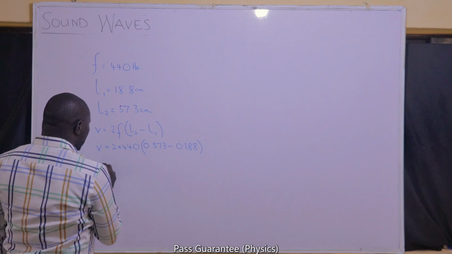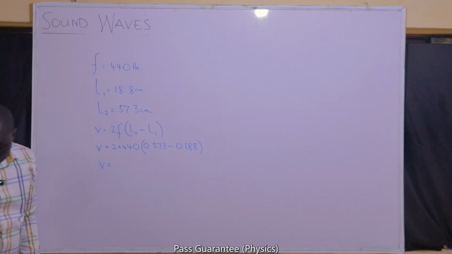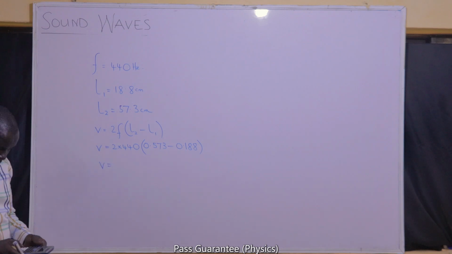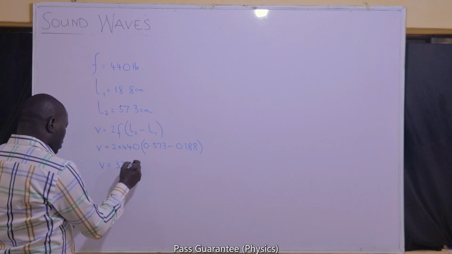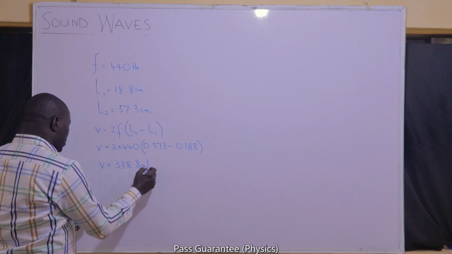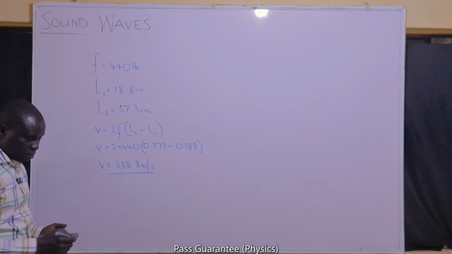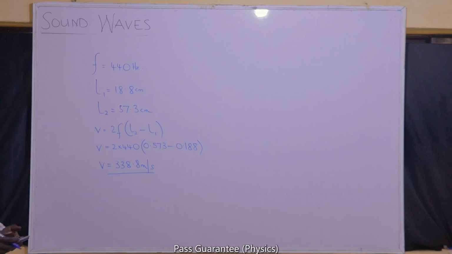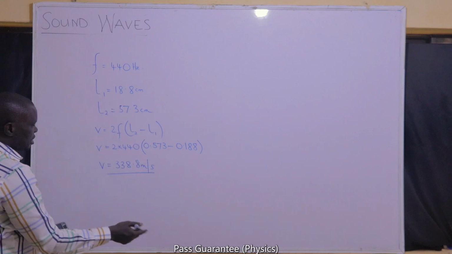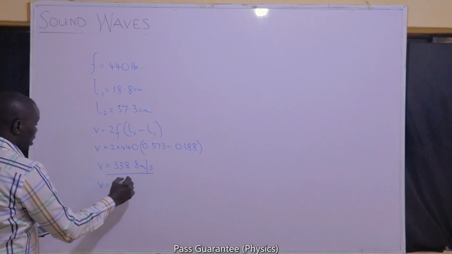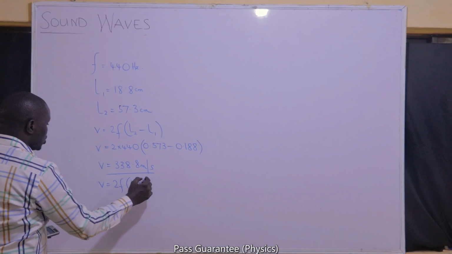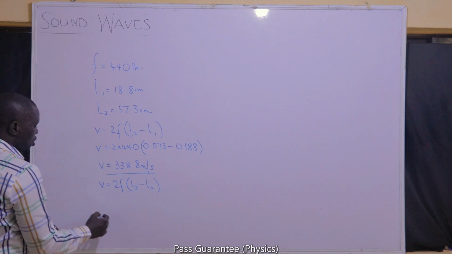With the multiplication of the necessary quantities here, we should have the answer. Our answer is 338.8 meters per second. That is it. We are also asked to find the position of the next resonance. Remember that I said that V can also be obtained by subtracting two consecutive resonance positions.